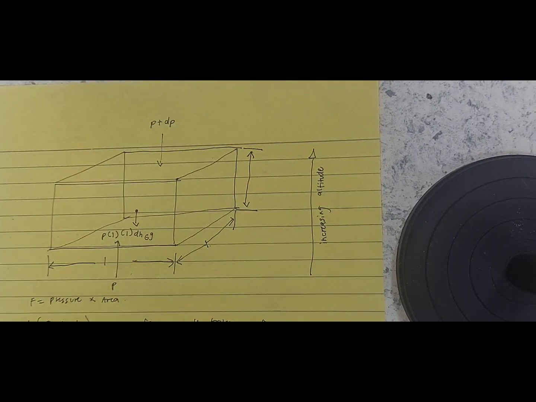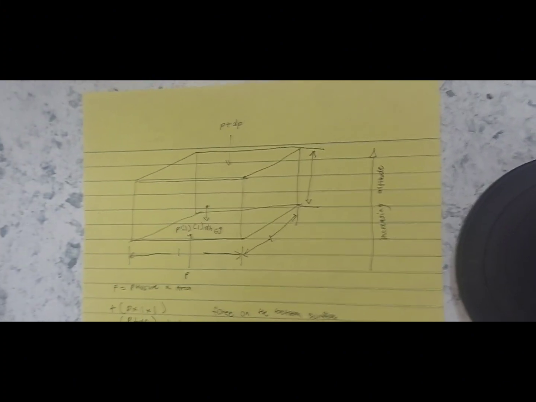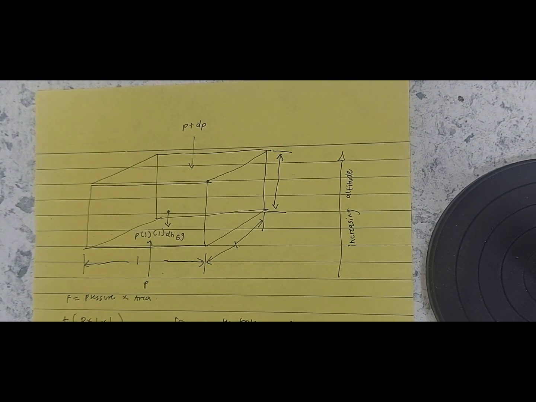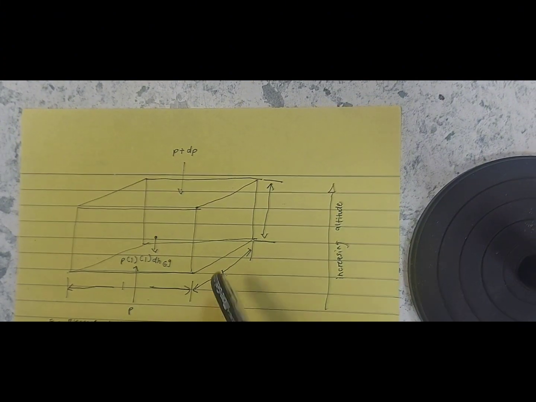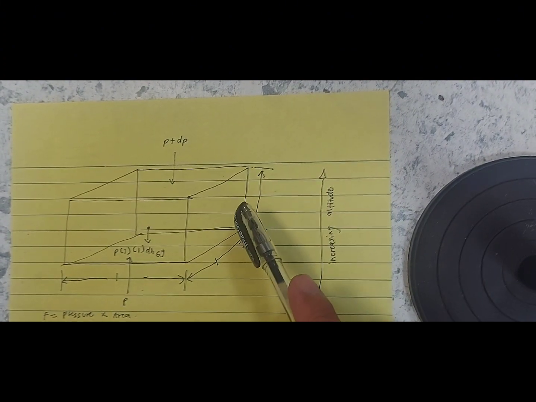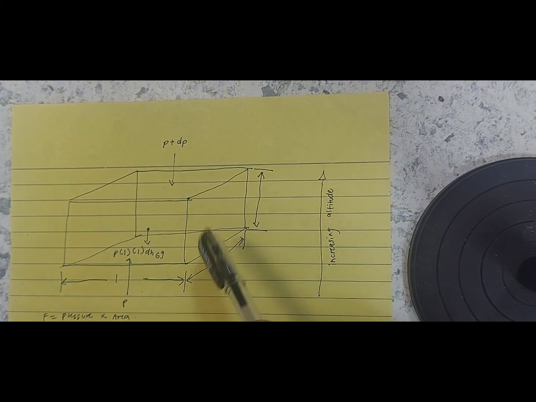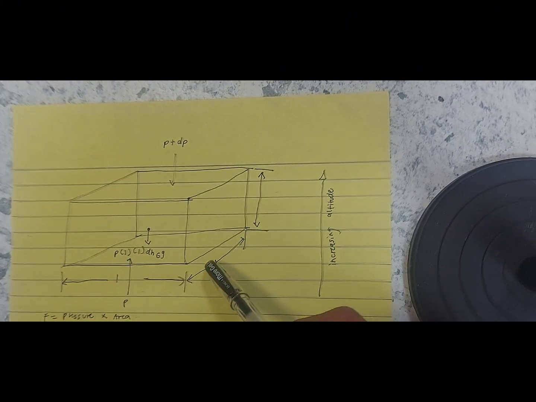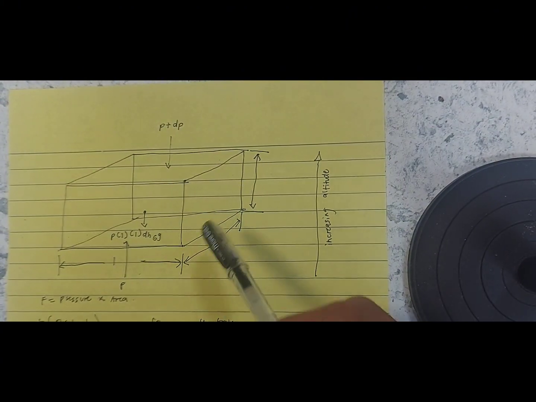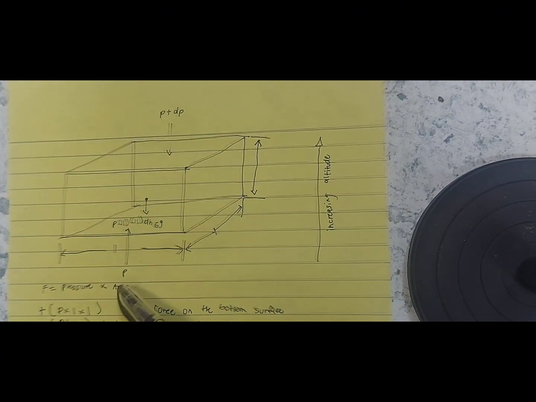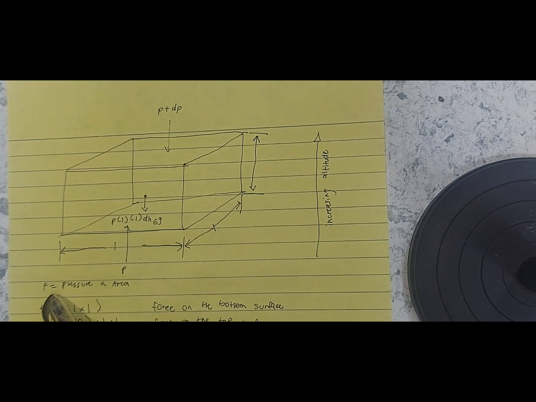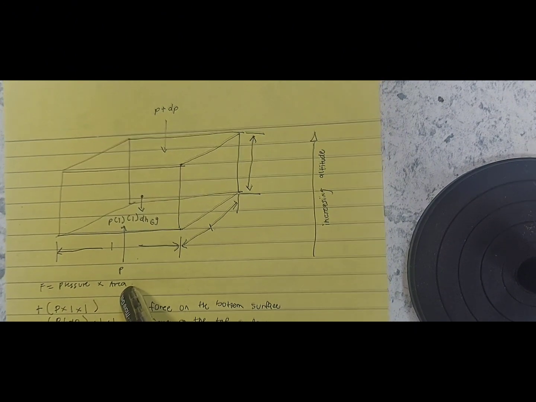Okay, so now, let's discuss how to derive the hydrostatic equation. Here we have a given object with a volume of 1 by 1 times 1. Let's recall the formula of force, which is pressure times area.